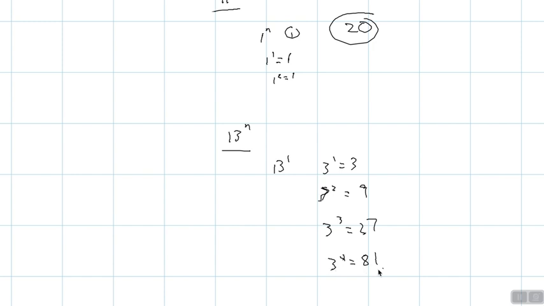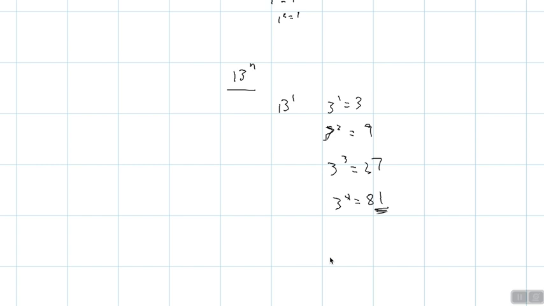So 3 to the 4, units digit will be 1. And then when we go to 3 to the 5th, it just cycles over again. So 3 to the 5th has the same units digit as 3 to the 1, 243. And then it keeps cycling over. So basically, every multiple of 4 will have a units digit of 1.